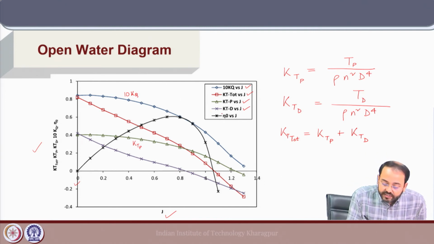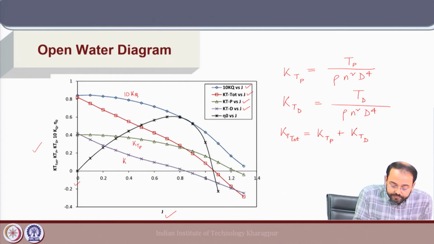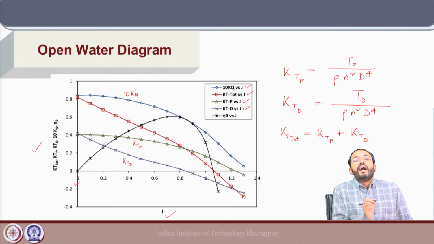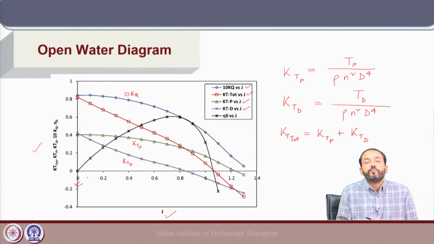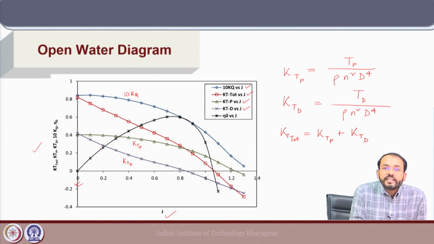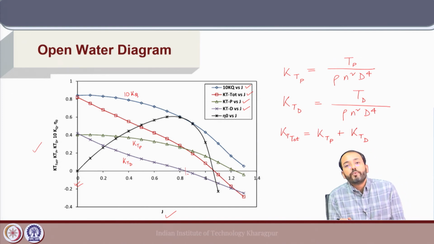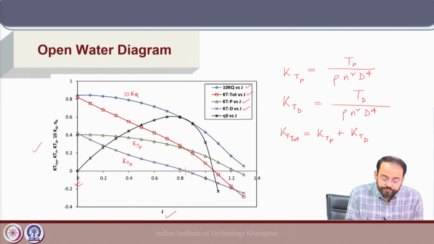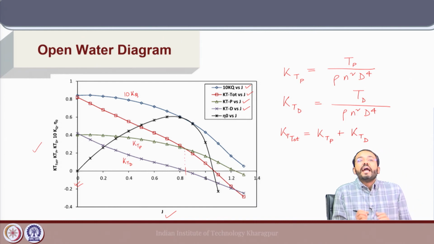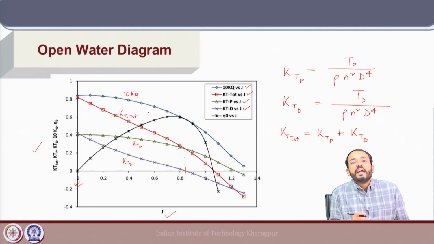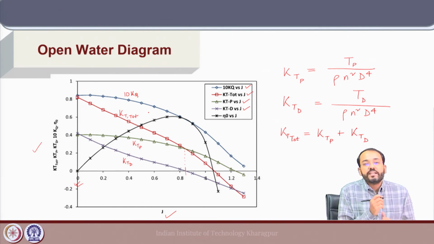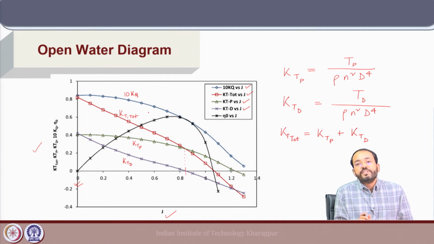Now, for the duct thrust, KTD, the highest value is also at the Bollard pull condition at J equal to 0, but it reduces sharply to a value of 0 when the propeller thrust has a positive value here, and the total thrust is given by this red line, KT total, which is the duct thrust plus the propeller thrust.